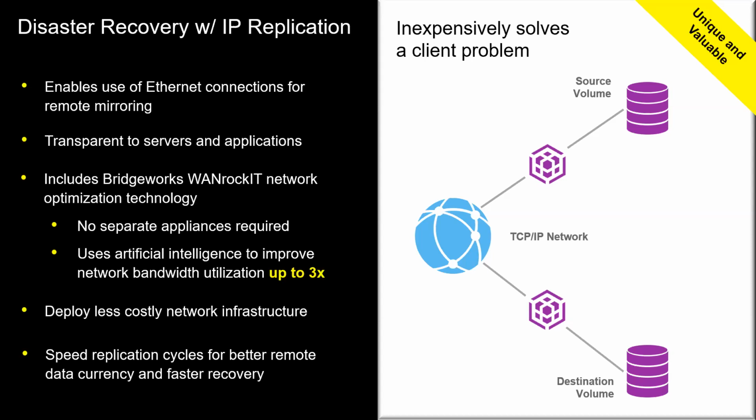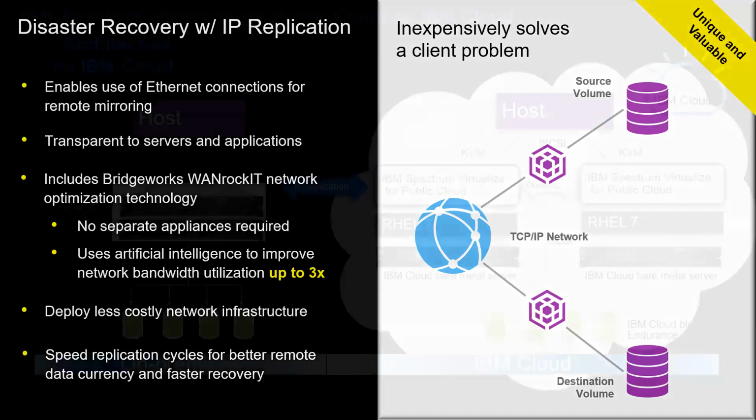This is where the intelligence plays its role. The configuration I mentioned earlier will go automatically by itself once you have set up the functions of these particular features. It will search within the network and be managed via the console. All right, so that covers disaster recovery with IP.